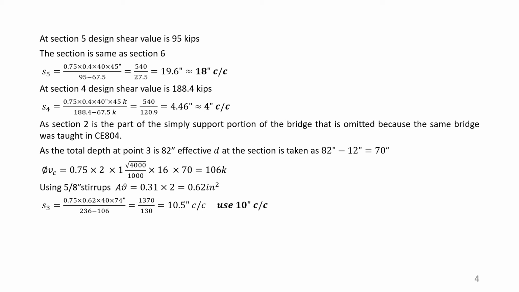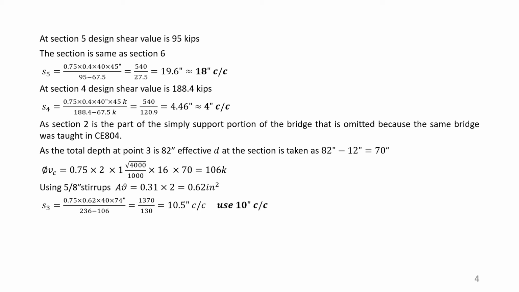Point 3 has different depth, that's why we have kept it last. As the total depth at point 3 we have chosen in the earlier calculation as 82 inch, the effective depth is to be calculated, and the effective depth will be 82 minus 12.